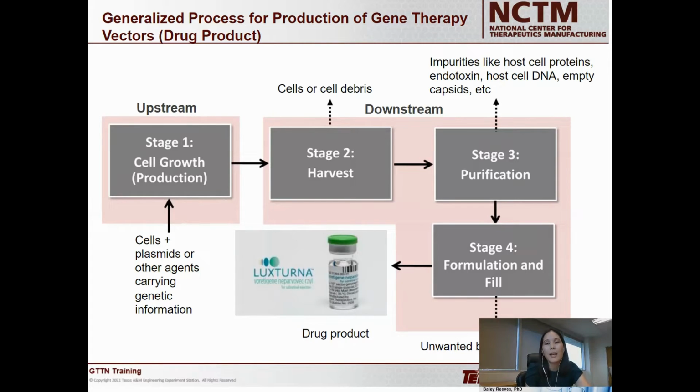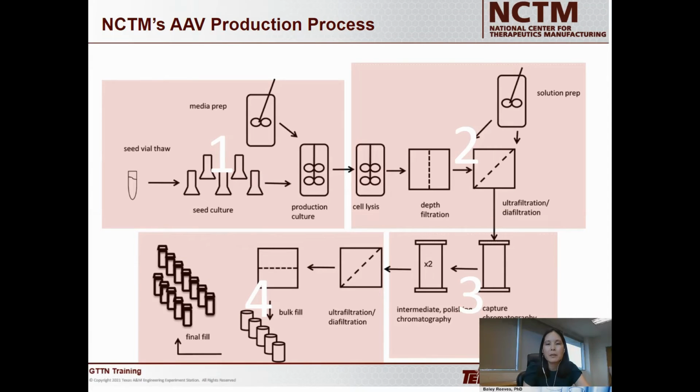At that point, your goal is to get your product at the appropriate concentration you need for dosing purposes, as well as in a formulation that will promote long-term stability and storage for that product so that you have some time before you are required to use it for a patient.